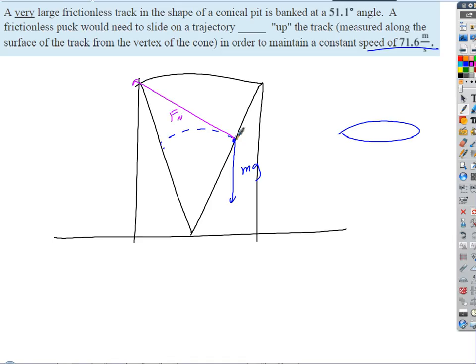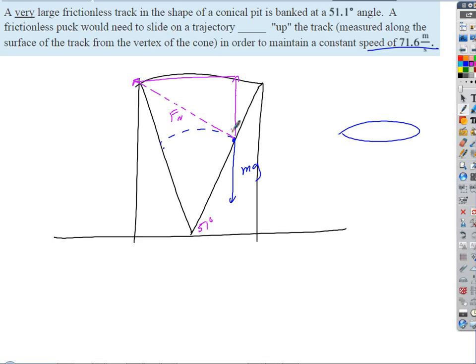If we break the normal force into components, we're going to get something like this, right? A vertical component and a horizontal component. Well, if this angle right here is 51 degrees, then so is that one, right?